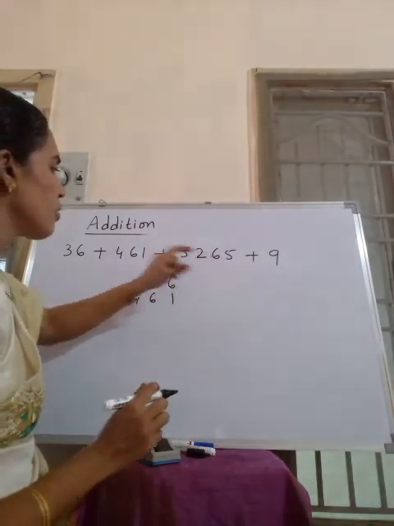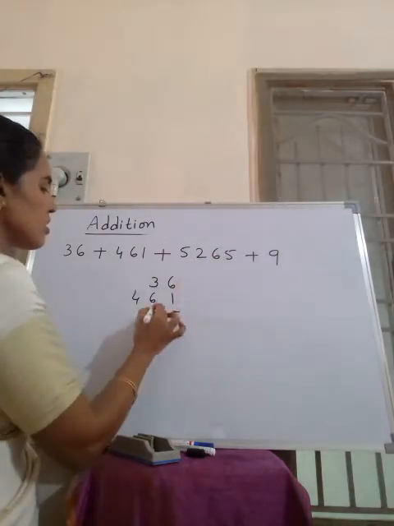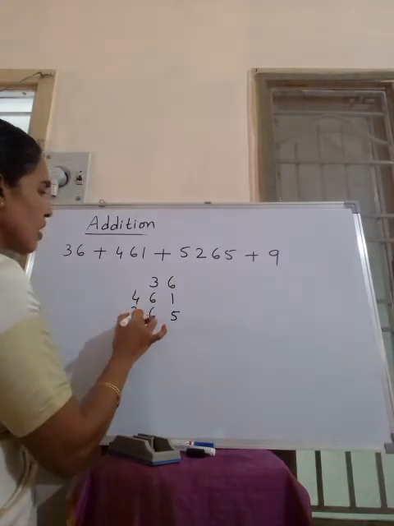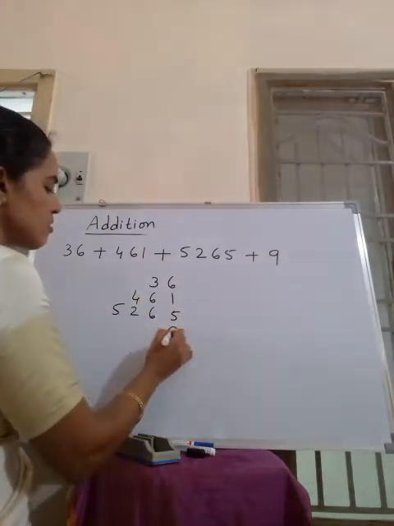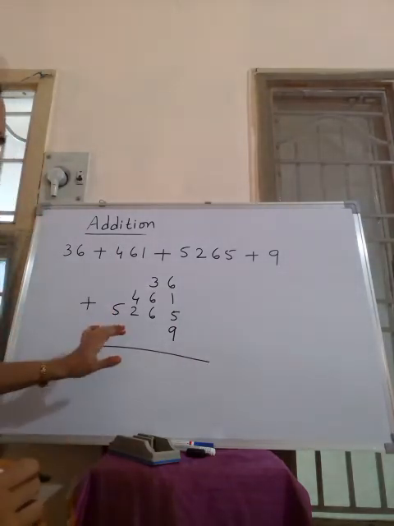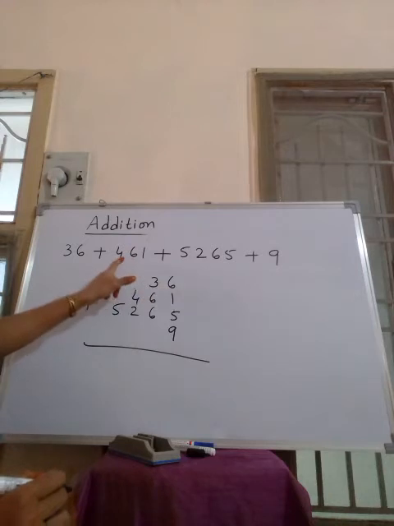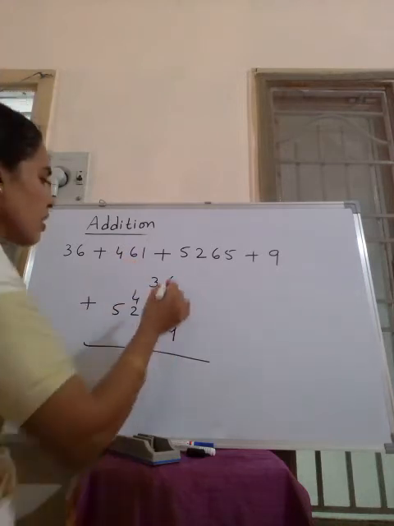Now 5265 also: 5 is in one's place, 6 in ten's place, 2 in hundred's place, 5 in thousand's place. Finally 9 is a single digit number. You have to arrange the numbers like this, and the digits in the same places must be added.